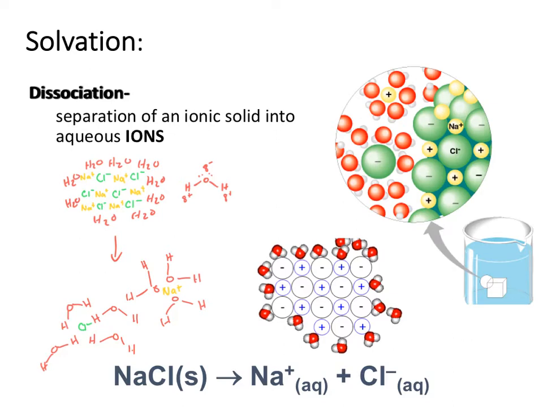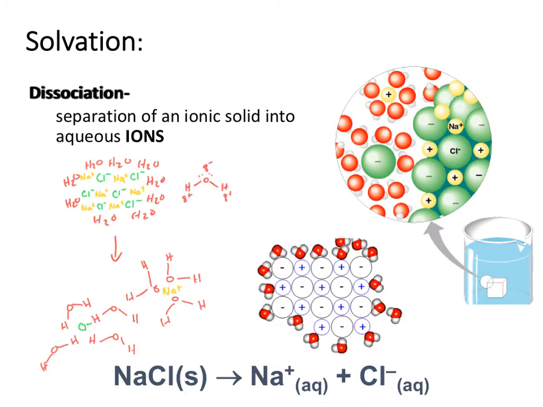So basically what we've done is we've overcome the attractive forces between the sodium and chloride ions, and the water molecules are now interacting with these individual ions in an ion-dipole type of interaction.